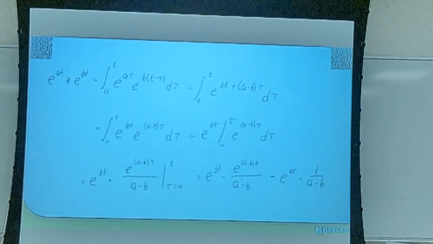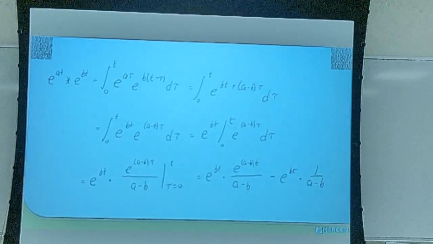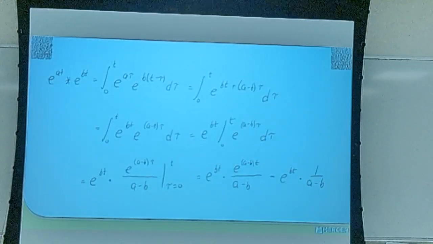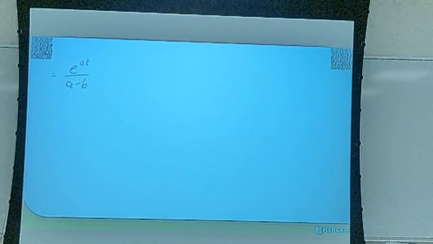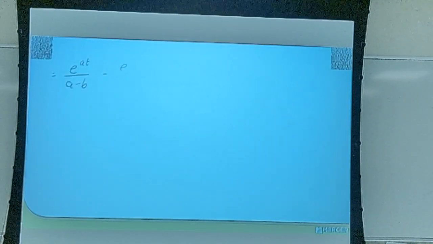Now I have to simplify that, right? Well, when you multiply, you just add exponents. So isn't that just going to be e to the at over a minus b? And what, minus?